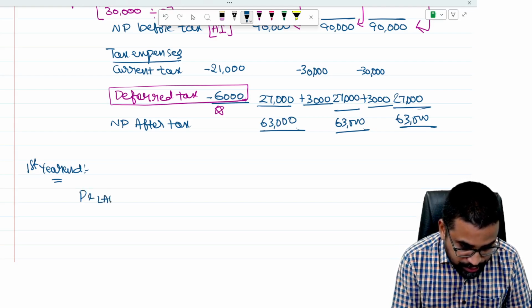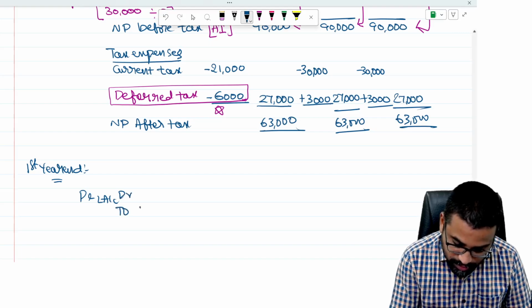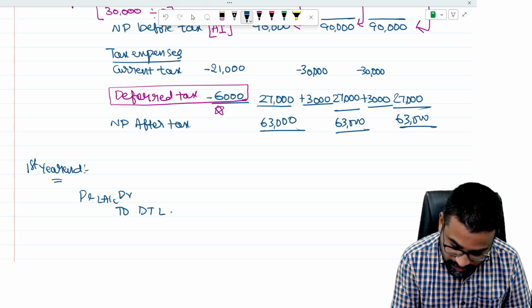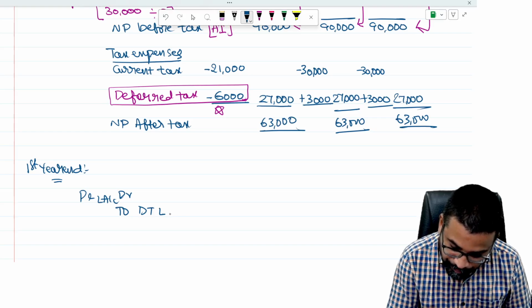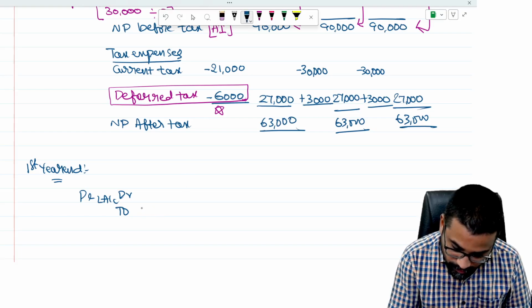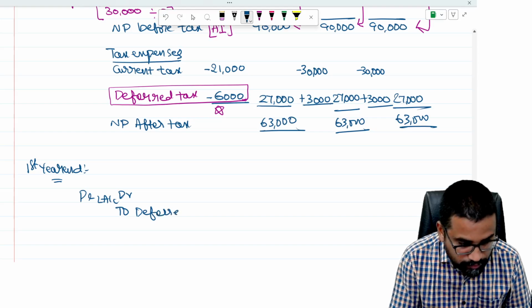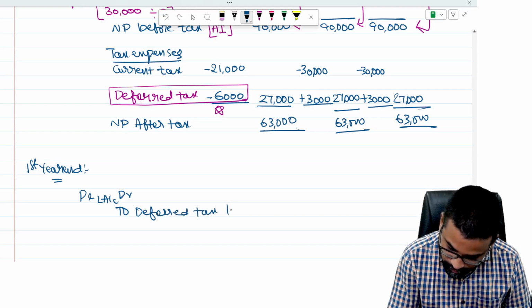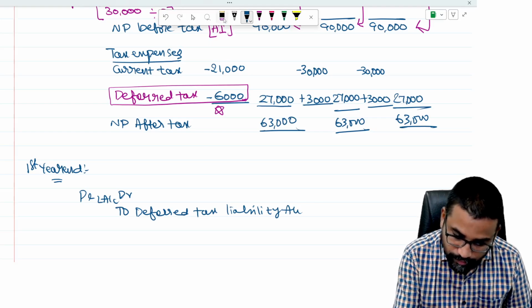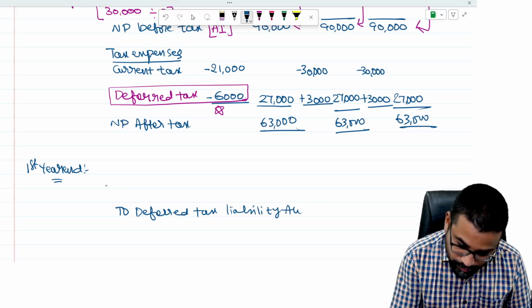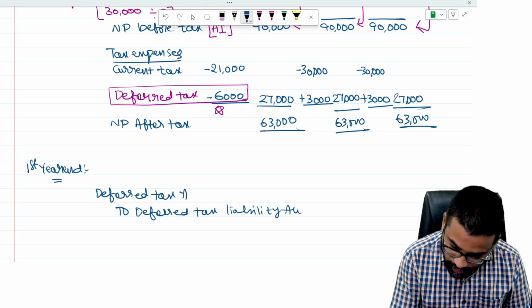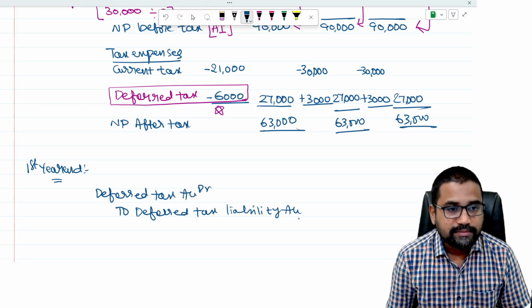P&L account debit to deferred tax liability account, or simply deferred tax. So you write deferred tax account debit to deferred tax liability.